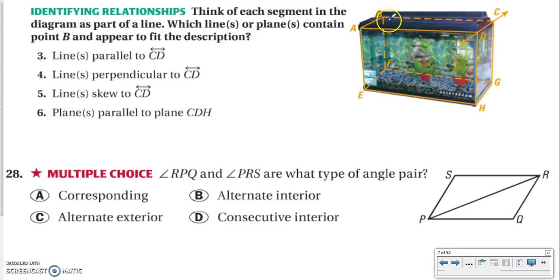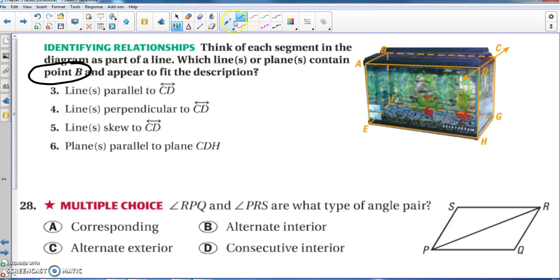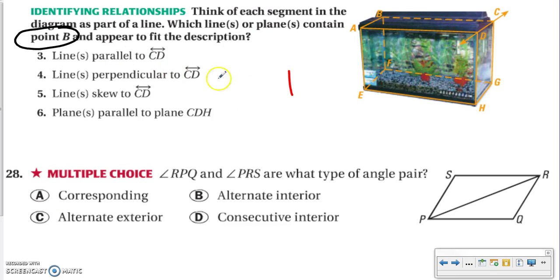Okay, so think of this aquarium. You've got 6 different planes, the top, the bottom, the right, the left, and the front and the back. Now, notice in all of our choices, our answers have to have point B in it. We're looking at line or lines that's parallel to CD.